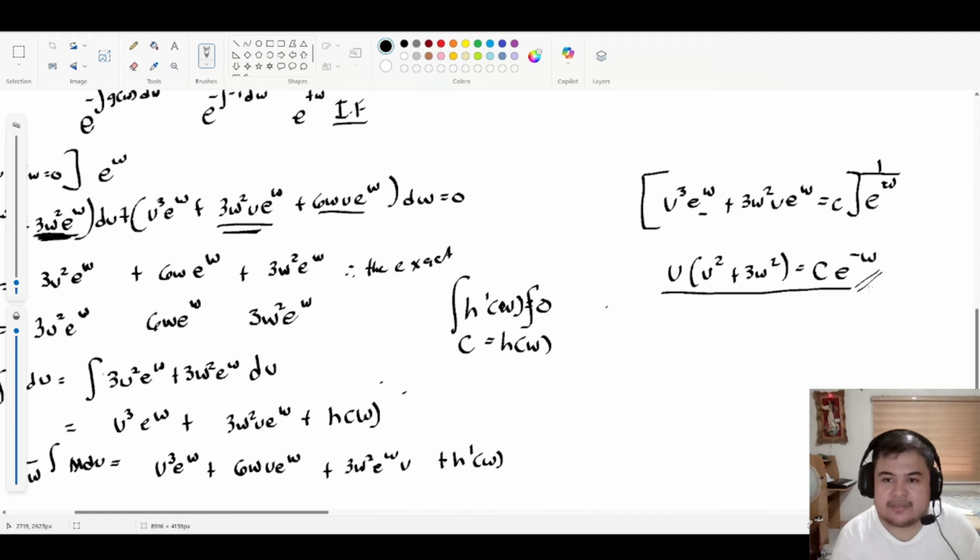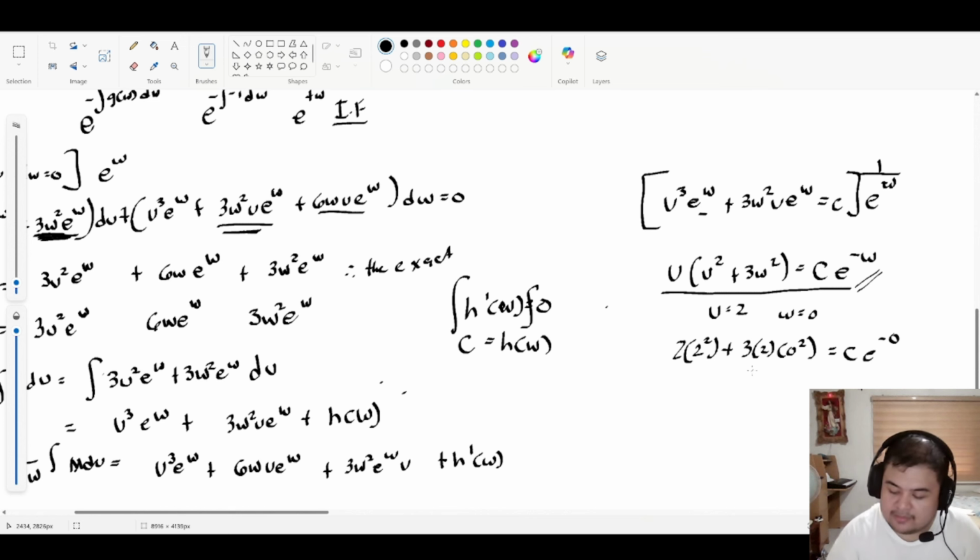There is an initial condition, I remember. Our initial condition is u is equal to 2, w is equal to 0. So we're gonna use that: 2 square plus 3 times 2 times 0 square is equal to c e to the negative 0. Anything raised to 0 is 1. Anything multiplied to 0 is 0. So 2 squared times 2 is 8 is equal to c.